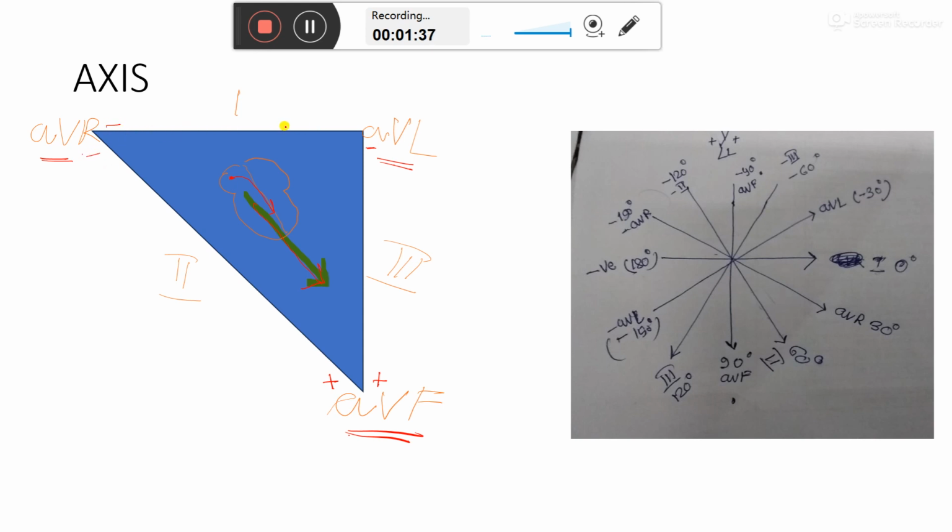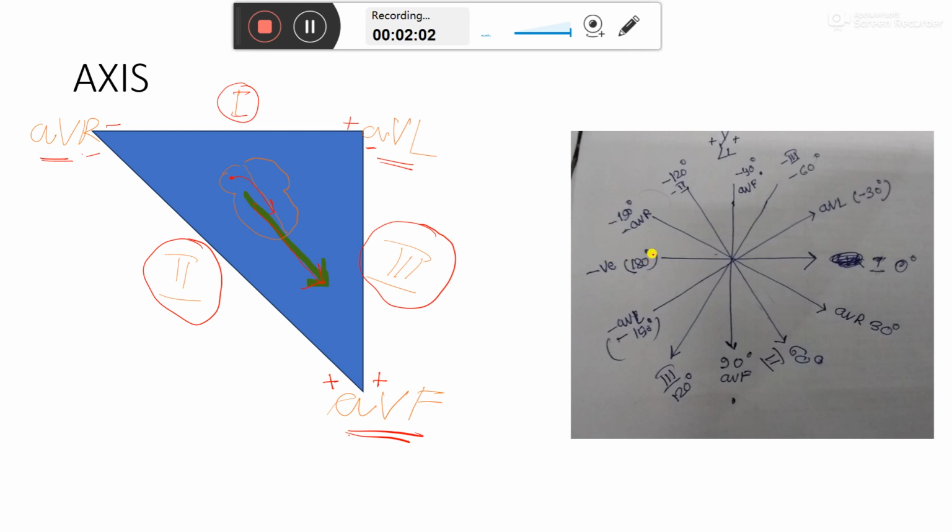And respective to AVR, it is positive to AVL. Between AVR and AVL is lead 1, between AVR and AVF is lead 2, and between AVF and AVL is lead 3.